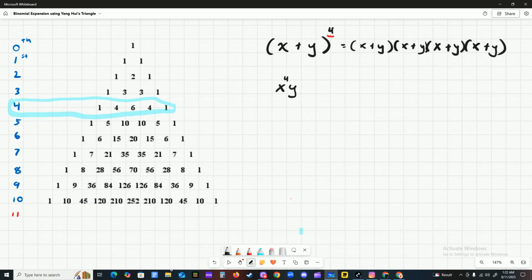So 4 plus what makes 4? Well, 0. Right? So now we're going to add again x and y. Instead of 4 this time, we're going to drop it down by 1. So now it's 3. 3 plus what makes 4? Well, 1. So that's the exponent for the y. And we keep going.